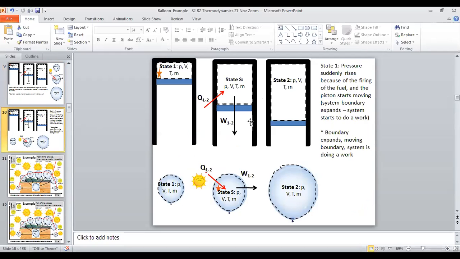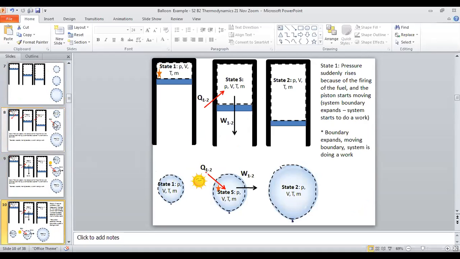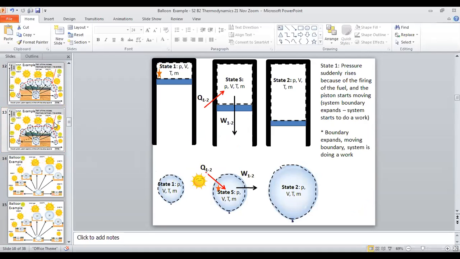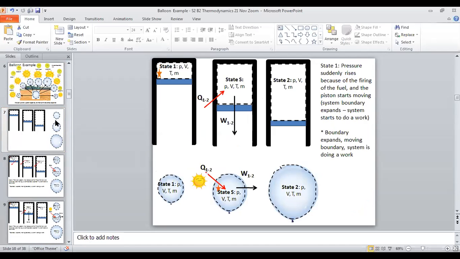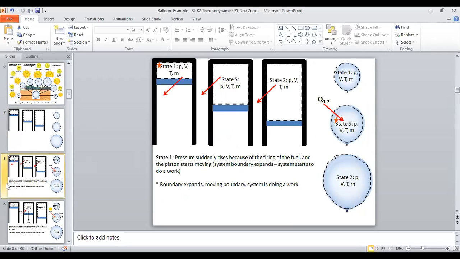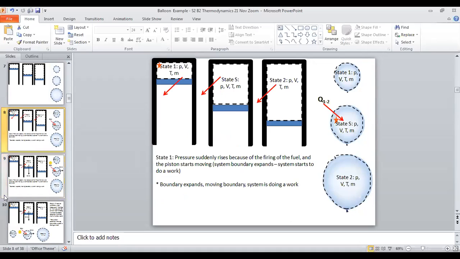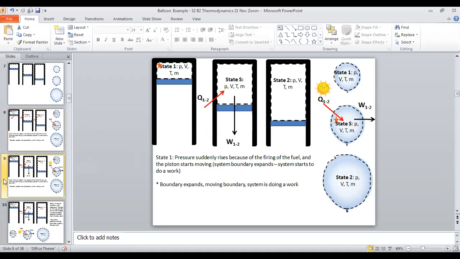W12 here. I think one slide is missing. Somehow one slide looks deleted mistakenly.